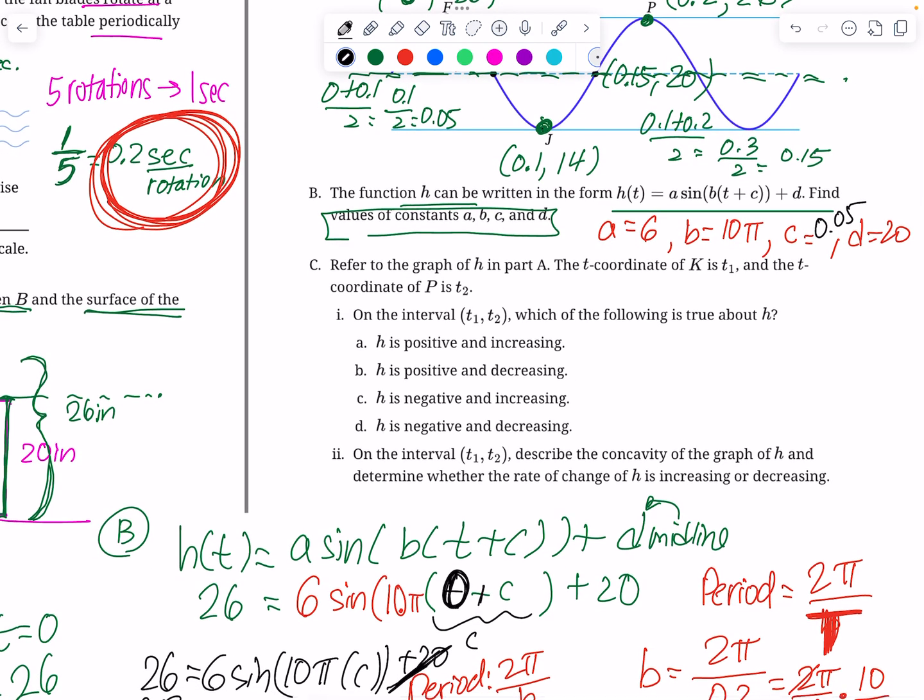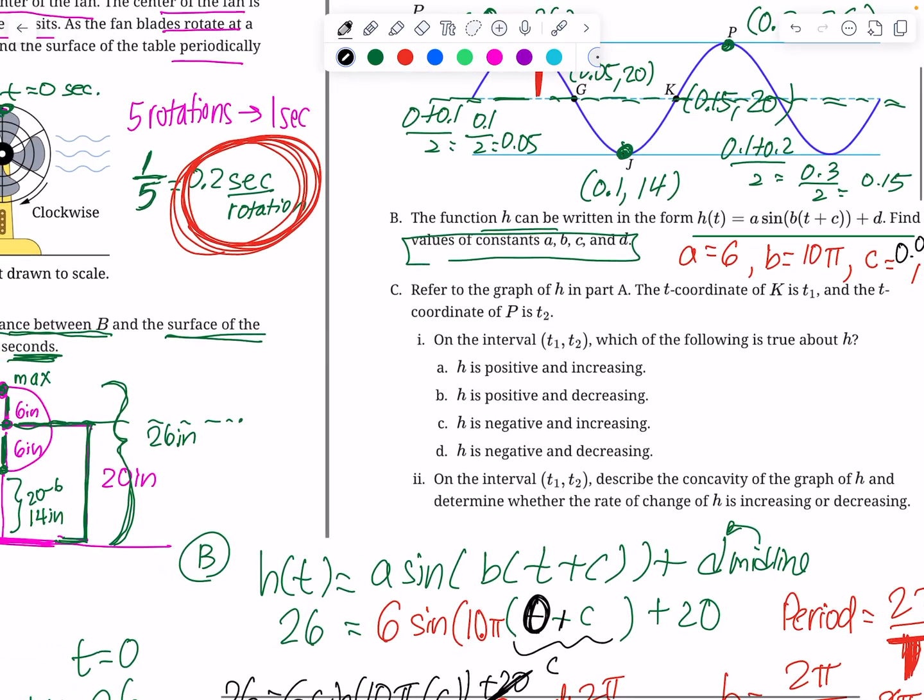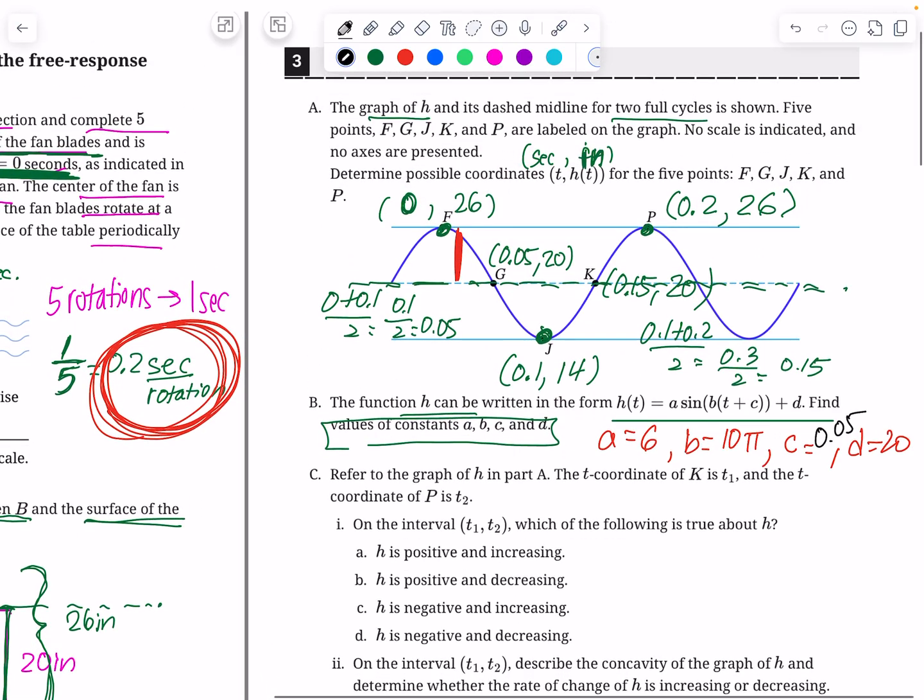Okay. Now, it says, refer to the graph of h in part A. Okay, so the graph in part A, so that's up here. The t-coordinate of k is t1, and the t-coordinate of p is t2.